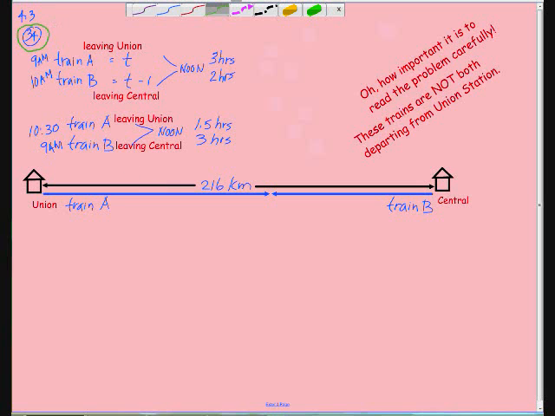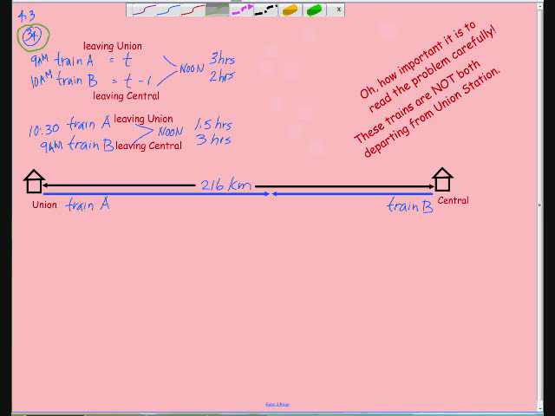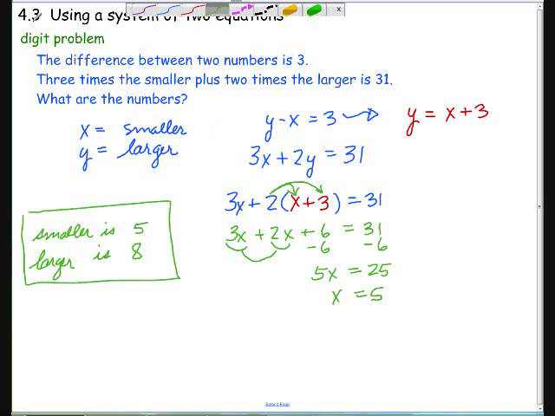The problem we had earlier, the motion problem, they were both leaving from Chicago. And that probably, when I did this next problem with another class, threw me off because I'm thinking of going from the same city. Didn't read the problem correctly. But if you check in your book, number 34, these trains are not both departing from Union Station. We have one going from Union, the other one going from Central. Makes all the difference in the world reading the problem.